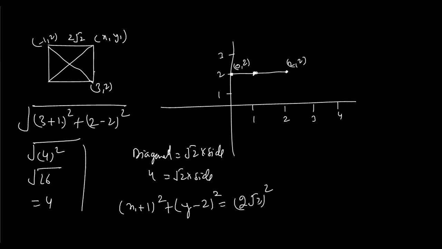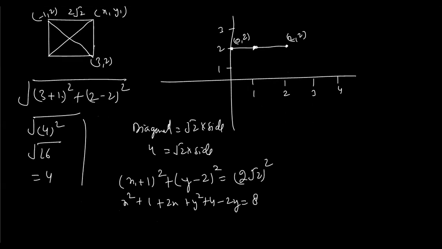If you multiply this, you will get 8. So opening this bracket, you can simply calculate x square plus 1 plus 2x plus y square plus 4 minus 2y equals 8. So you will get the first equation from this one.